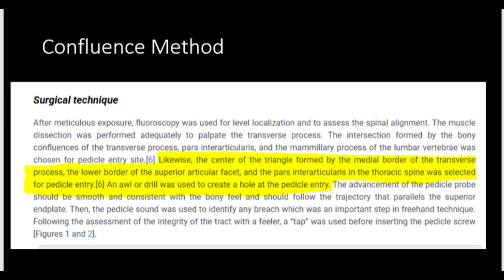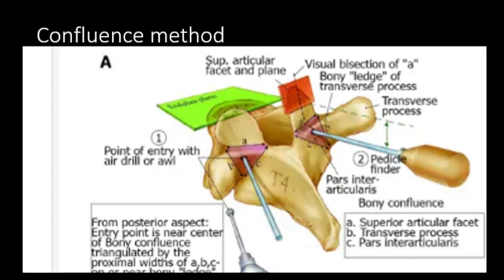An awl or a drill was used to create a hole in the pedicle entry. So you can see the base of the superior articular process, the base of the medial border of the transverse process, and the pars. The center of this triangle is used.